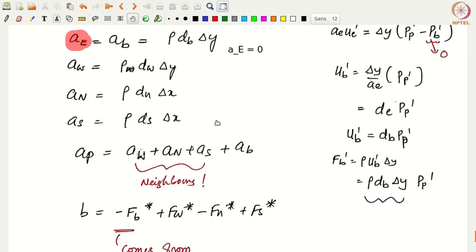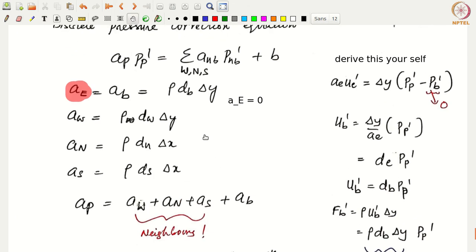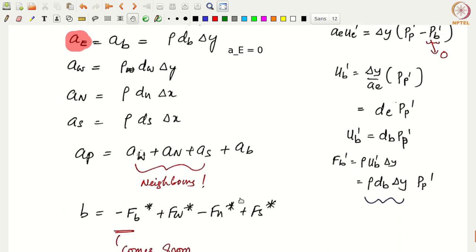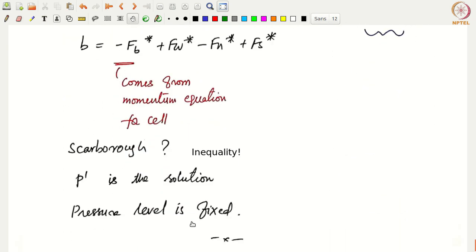At convergence, would both P prime and P prime plus C be solutions? No, because AP is not equal to sigma NB. This will always have the AB effect, so only P prime is the solution. When you have a pressure boundary condition, P prime plus C will not satisfy the pressure correction equation.